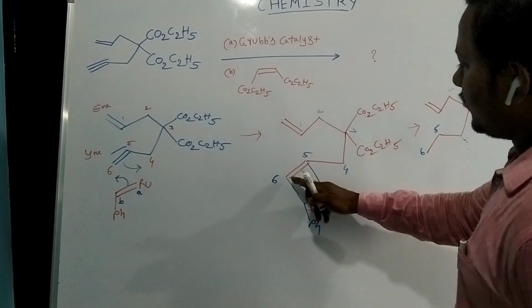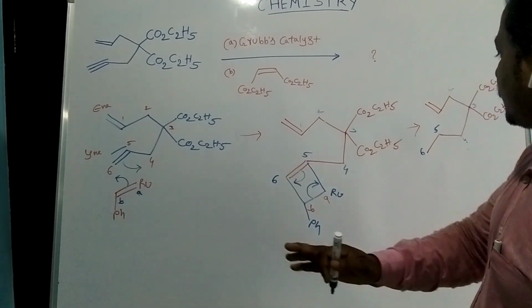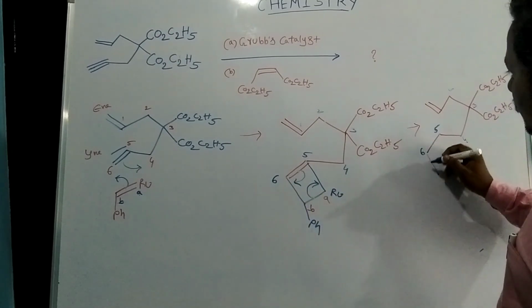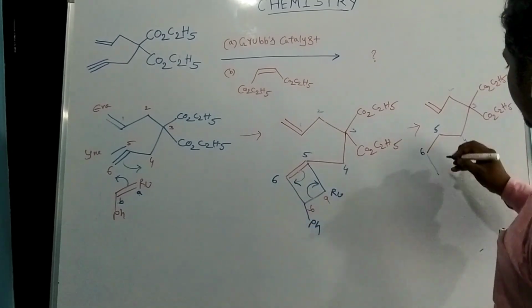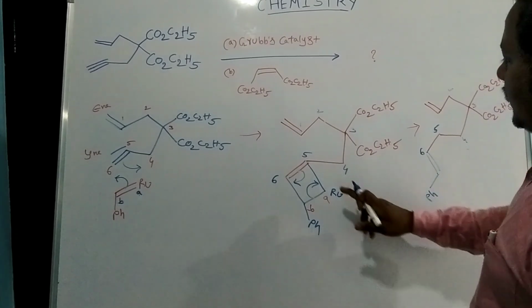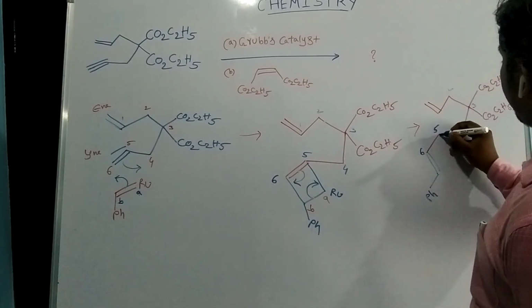Here between 5 and 6 there is no double bond. The double bond is breaking, then new bonding is forming in between 6 and B, meaning a double bond is forming, Ph. Then see here, in between 5 and ruthenium, a new bond is forming.